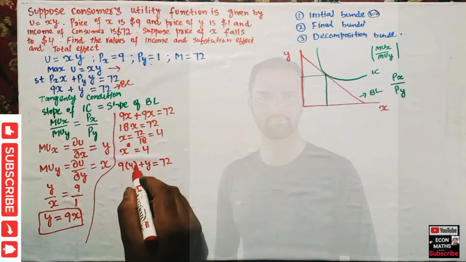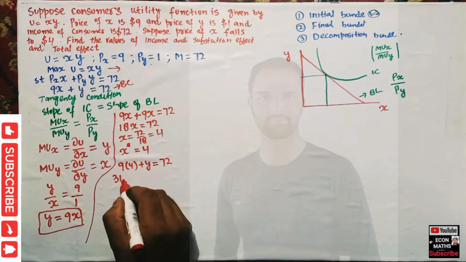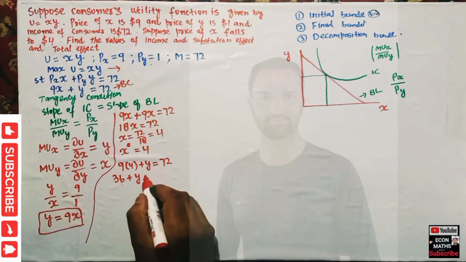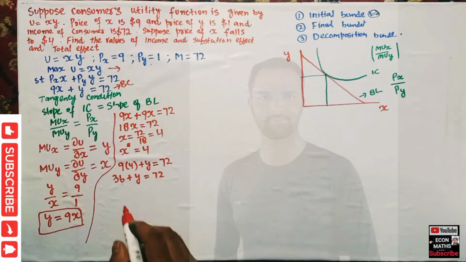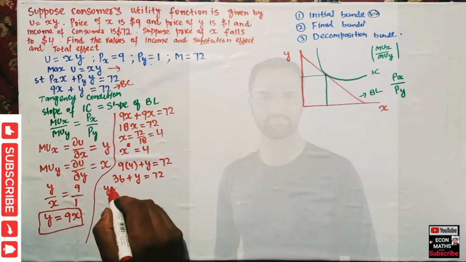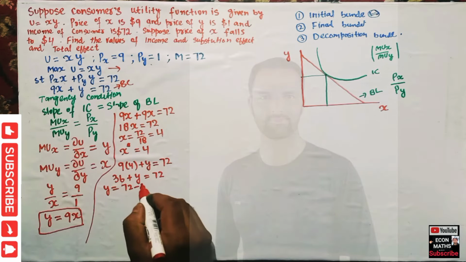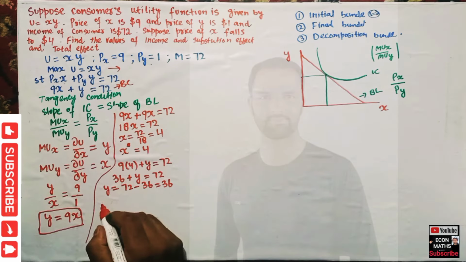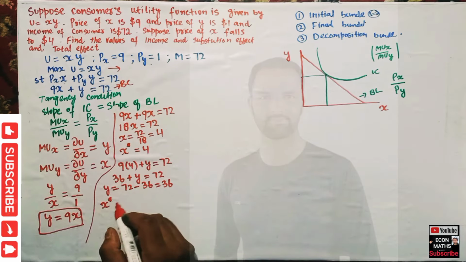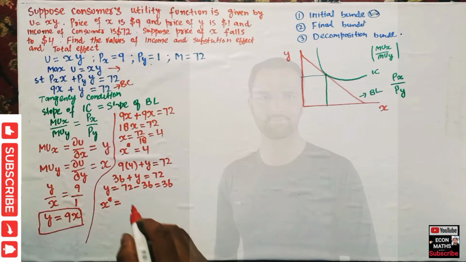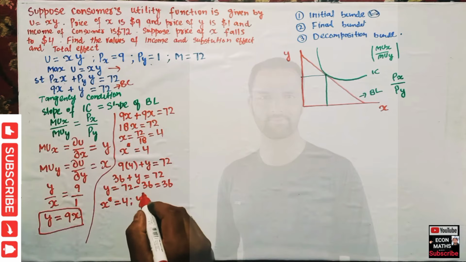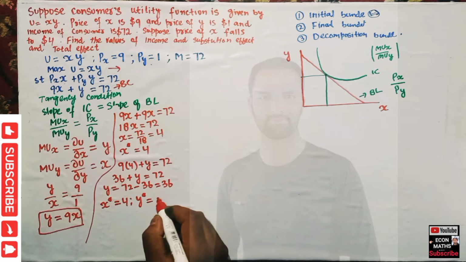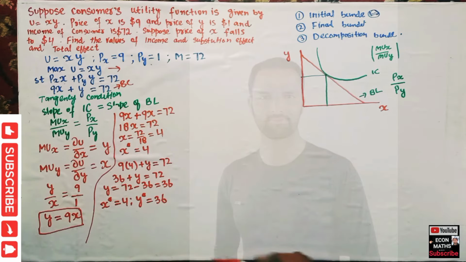This comes out to be 36 plus y is equal to 72, which means y is equal to 72 minus 36, which comes out to be 36. That means initially our optimal bundle would be x equal to 4 units and y equal to 36 units. This is our initial bundle.